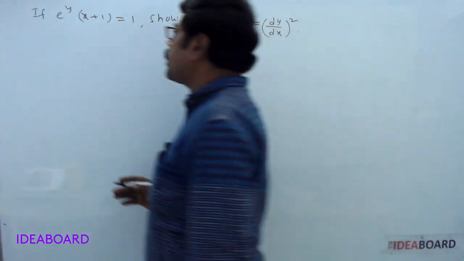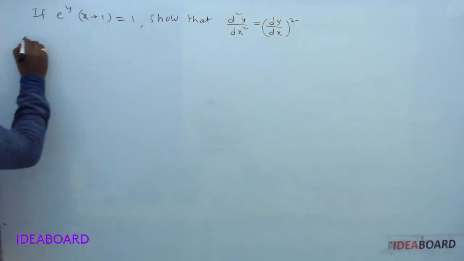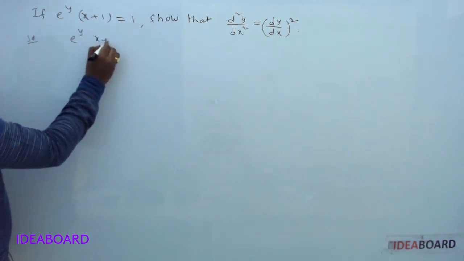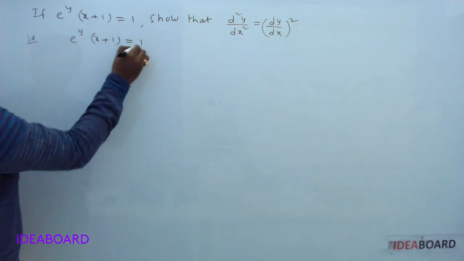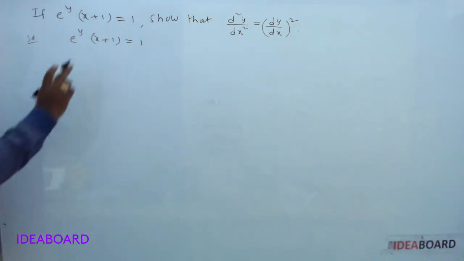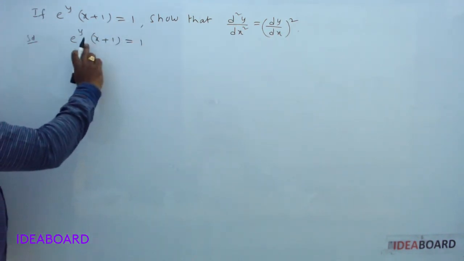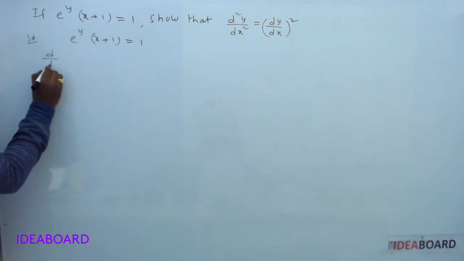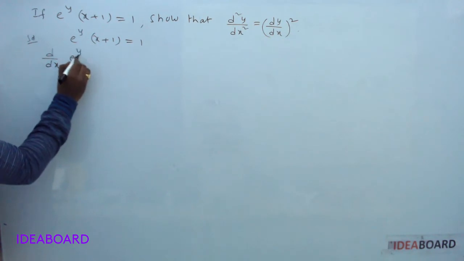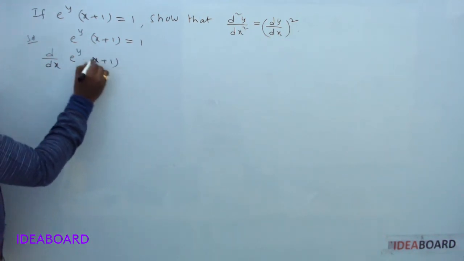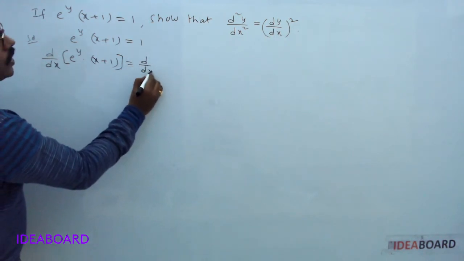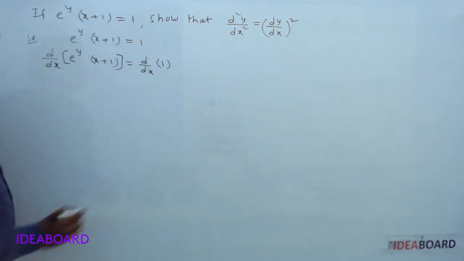Now come to the solution of the problem. First note down the given equation: e^y (x + 1) = 1. Now differentiate this equation on both sides with respect to x. It is the derivative of e^y (x + 1) equals the derivative of 1.